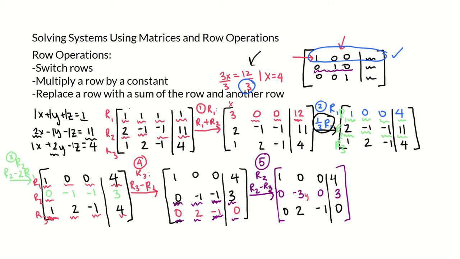So we solve the equation, negative 3y equals 3. Divide by negative 3 to get that y is equal to negative 1. So now we can put a 1 in that row, 0, 1, and 0, and replace the 3 with the new answer, negative 1.